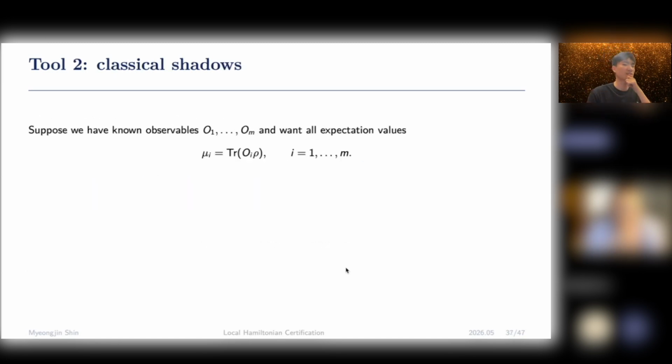And the second one is classical shadows. Some of you might have noticed it when I said we need to do many measurements and some Pauli measurements.